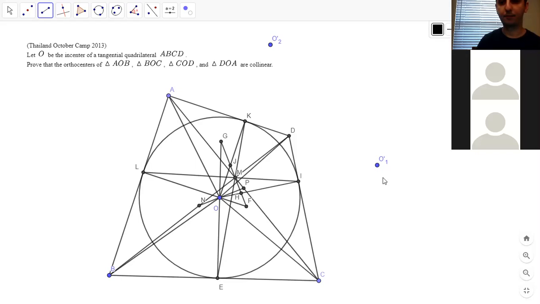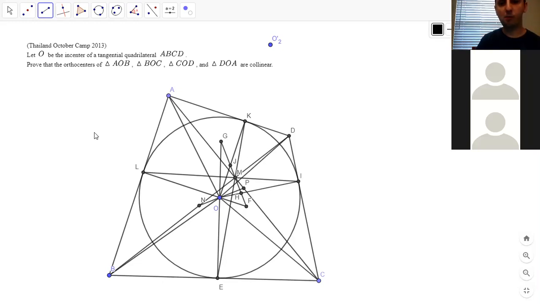So we can write another problem: given triangle ABC and a circle tangent to BA and BC, right?